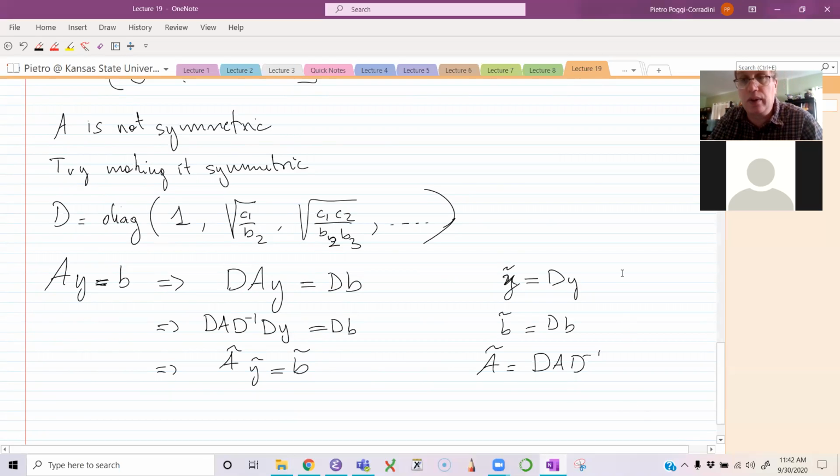Let's see what happens when you multiply from the left by a diagonal matrix.